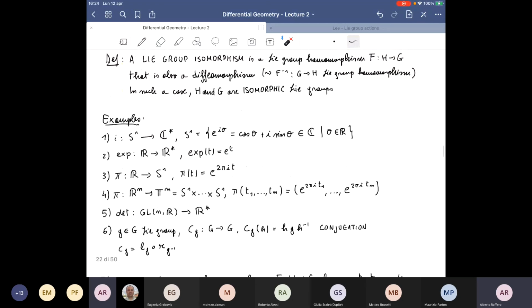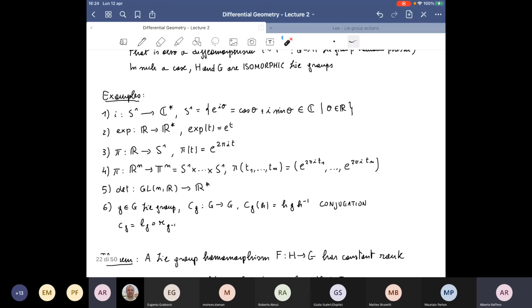Here are some examples of Lie group homomorphisms. Last time you discussed the circle as an example of a Lie group. If you think of it as the circle inside the complex numbers, using the complex exponential, or if you prefer, as the complex number cosine of theta plus i sine of theta for each theta in R, then the inclusion map sending each element of S1 to itself in C star is a Lie group homomorphism.